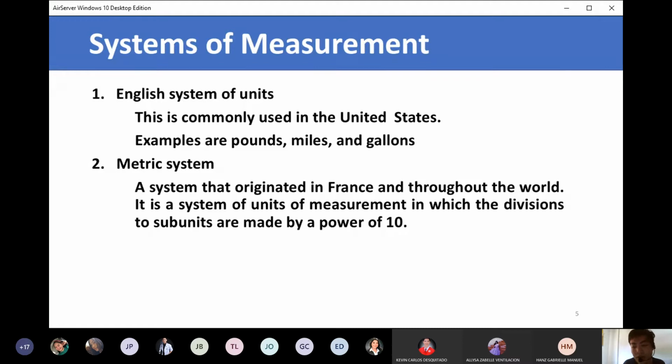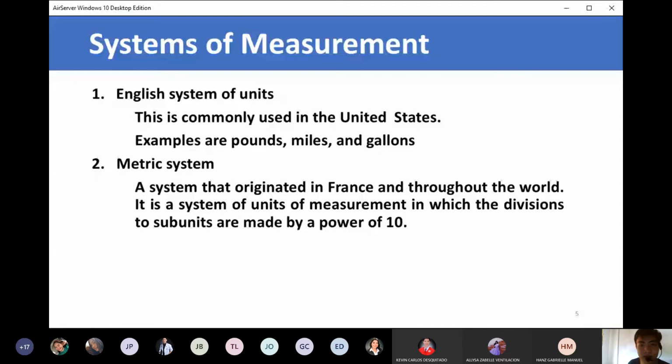But when you are converting one thing to another, it would be easier to divide by 10 instead of 12. Because all you have to do if you divide something by 10 is move the decimal place, right? Shift it to the left or to the right, then you have your answer. Unlike if you divide it by 12. So that's the idea.